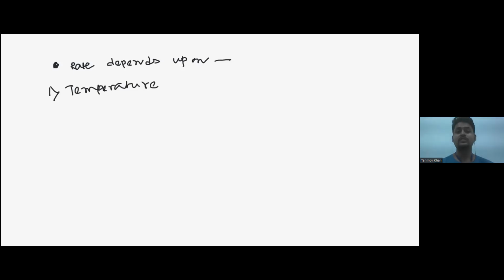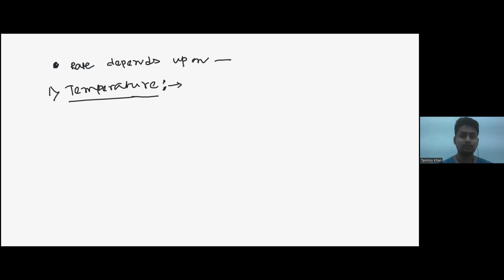We said these theories are based on some experimental observation. So we know that any kind of reaction can be made fast by just heating it, like increasing the temperature. Normally, with increasing temperature, the rate of reaction increases, right?